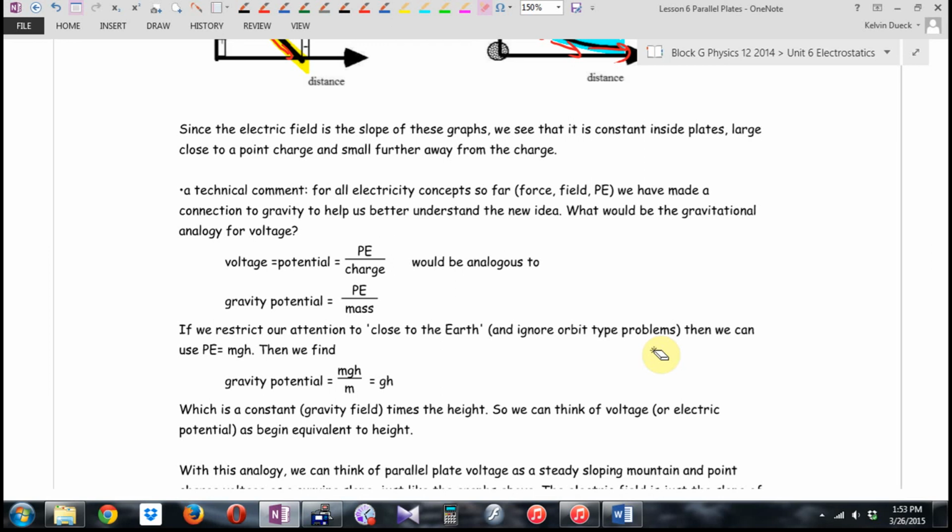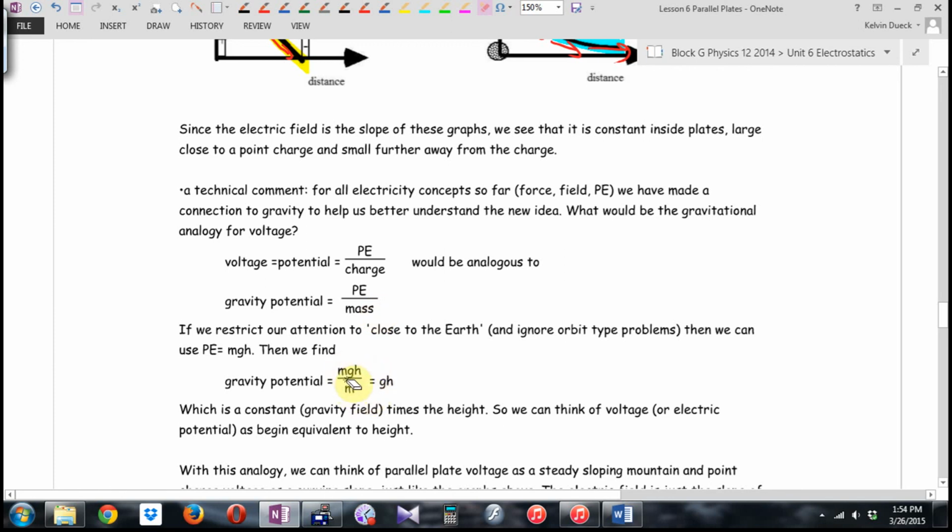Well, we said this. Voltage, which is also potential, is how much energy per charge. That's kind of, if I want to go gravity-ish, like gravity potential, which would be potential energy per mass. And if you're close to the Earth, potential energy is mgh. Mass is m.